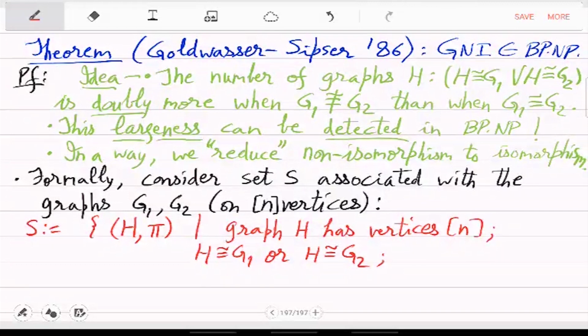And what is pi? Pi is an automorphism of H. So this we are keeping for a technical reason. The reason being that we will need a bound, or in fact we will need the size of S exactly. So keeping the automorphism helps us in that. Let's see how.